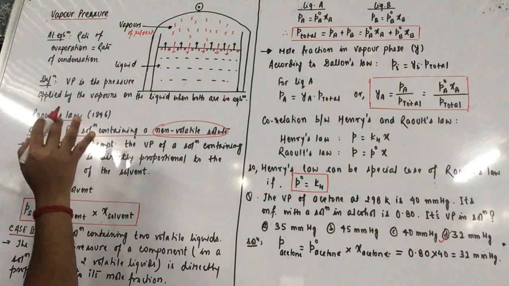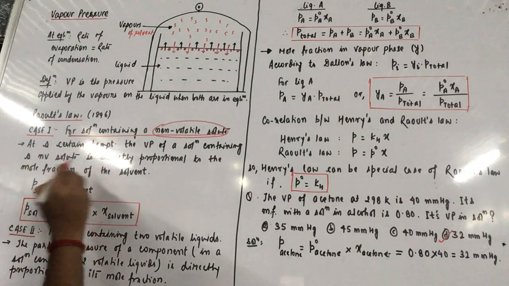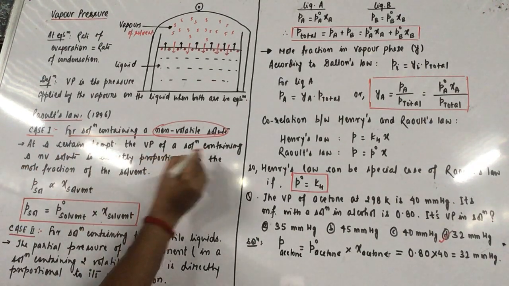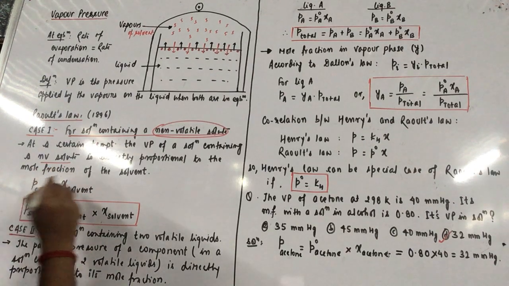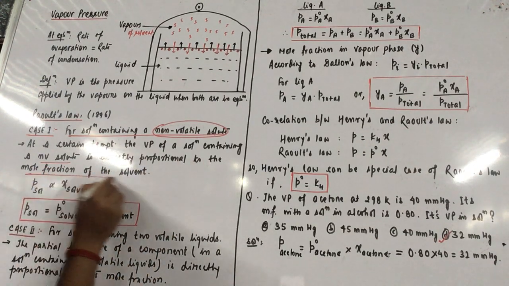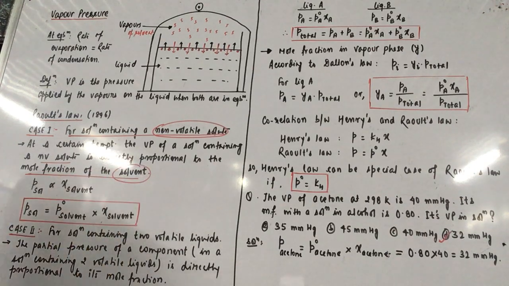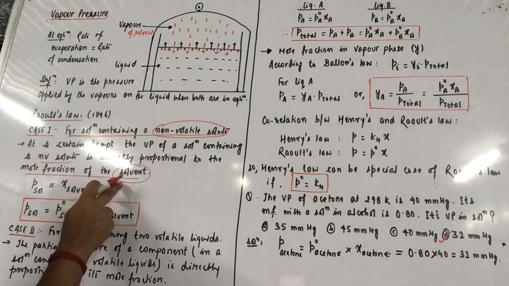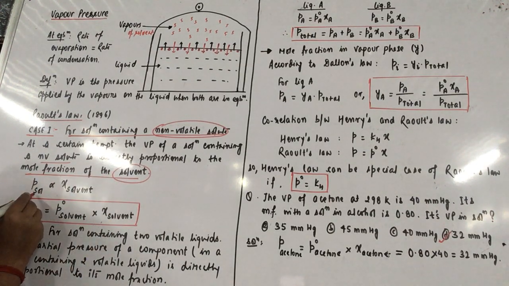So what is Raoult's law here? At a certain temperature, the vapor pressure of a solution containing a non-volatile solute is directly proportional to the mole fraction of the solvent. Only solvent is considered here, not solute, because solute is non-volatile. So the vapor pressure of solution is proportional to the mole fraction of solvent.